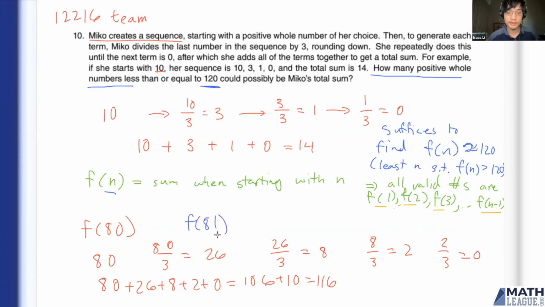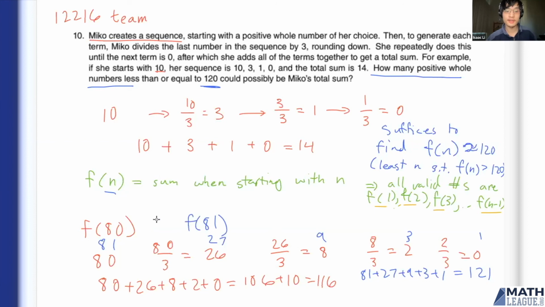So f of 81 is going to be similar, except that this is going to be 81. This is going to be 27, 9, 3, 1, all the powers of 3, it turns out. So we have this sum here, 81 plus 27 plus 9 plus 3 plus 1, and then plus 0. It's going to be 5 more than 116, so that's 121.